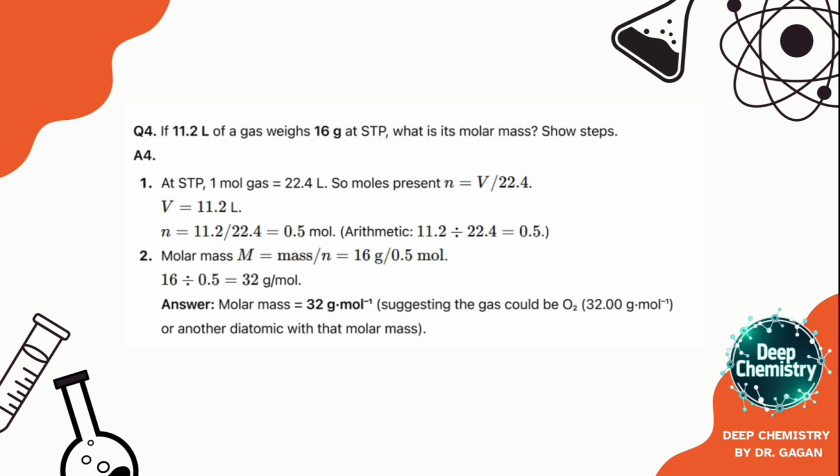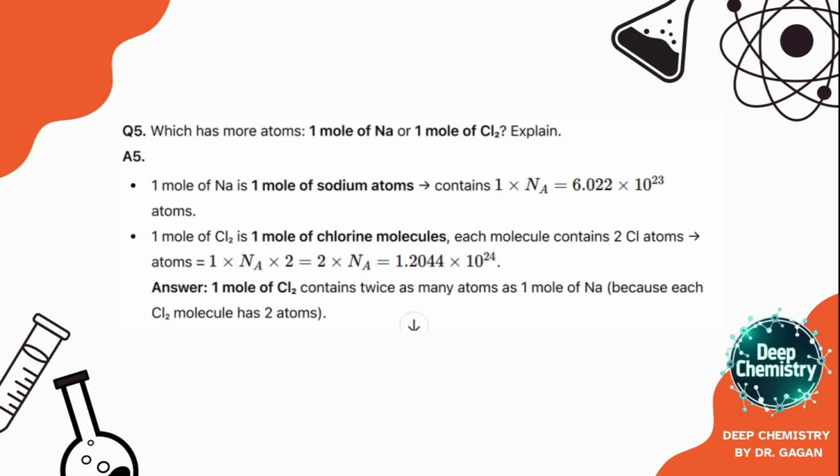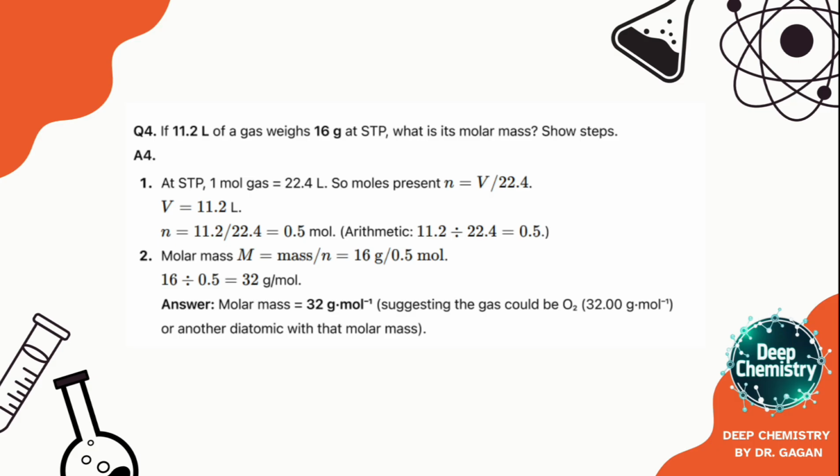Given volume equals 11.2 liters, that's 0.5 moles of gas, because 11.2 divided by 22.4 equals 0.5. Now molar mass equals given mass divided by moles. So that is equal to 16 divided by 0.5, that is equal to 32 gram per mole. So the gas has a molar mass of 32, which matches oxygen gas.